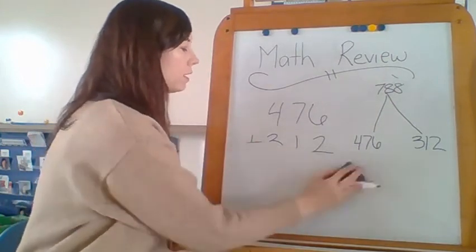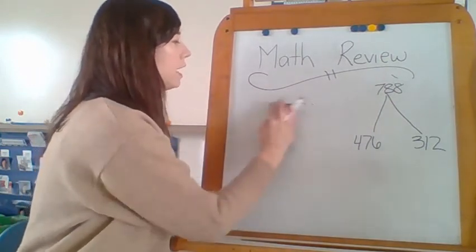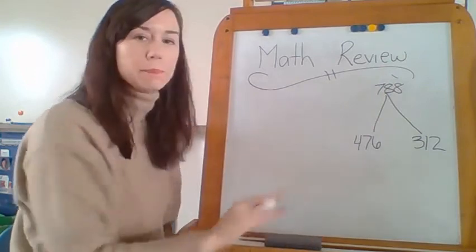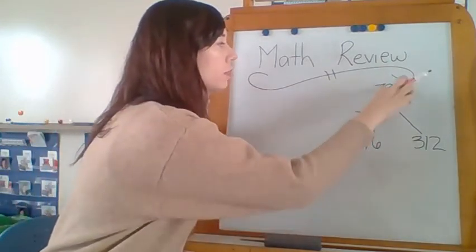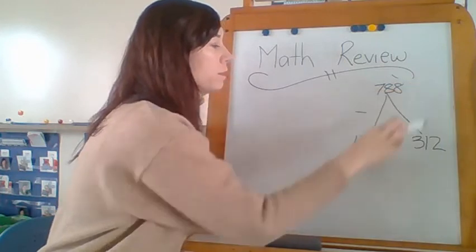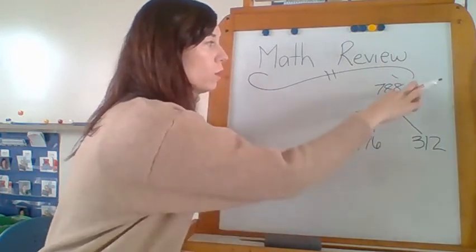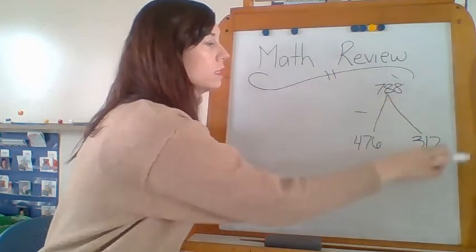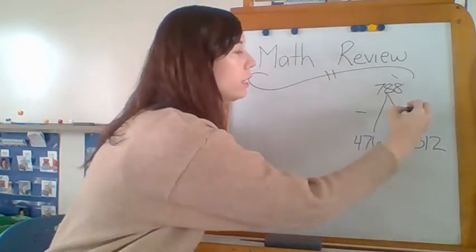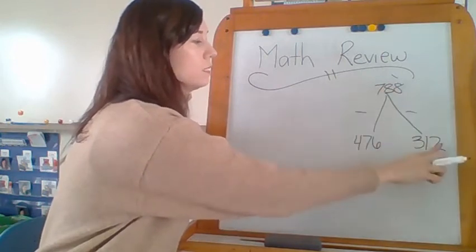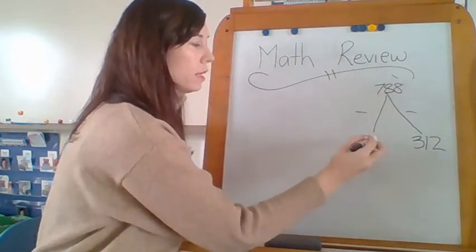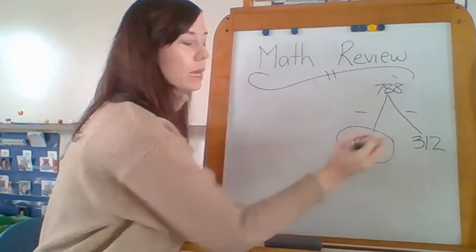Now to check, instead of adding, I'm going to do the opposite. I'm going to subtract. So I either want to subtract the top number from this number or this from this. Either one is fine, but if you subtract, let's take these two, you want to make sure that this would be your answer.